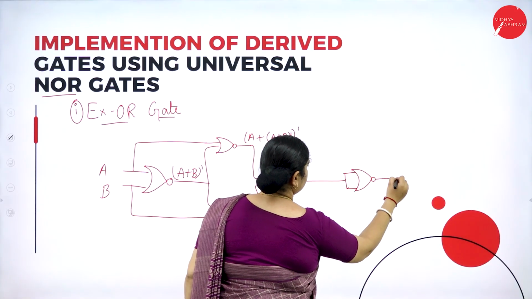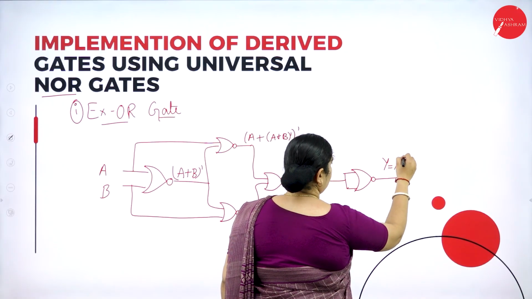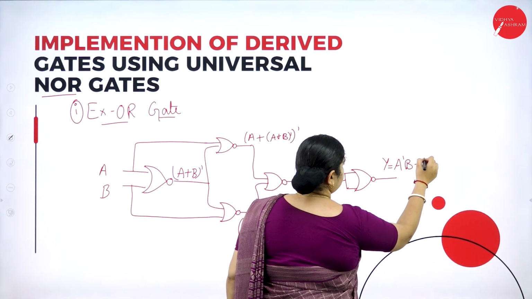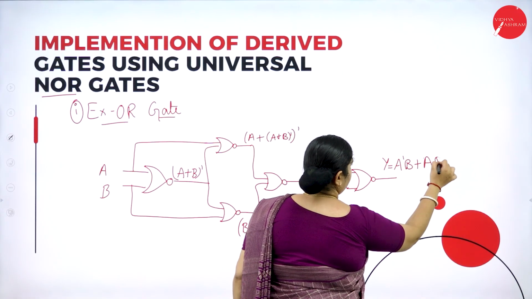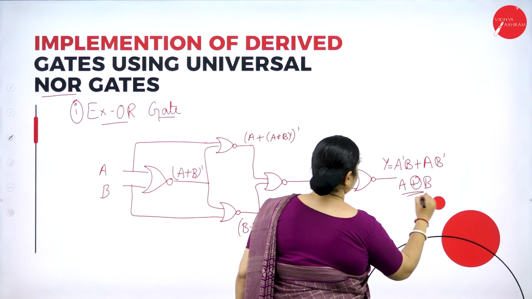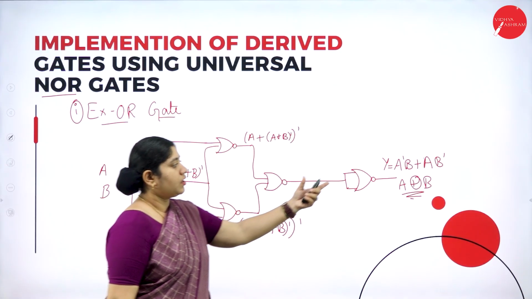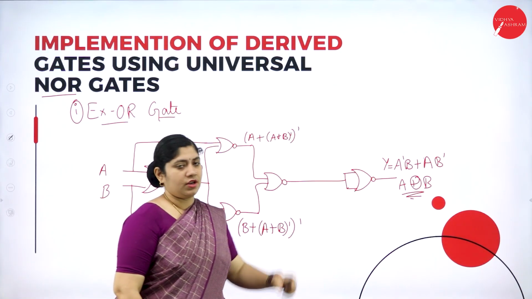So this yields us A dash B plus A B dash, that is none other than A XOR B. If we simplify this, we will be getting A dash B plus A B dash.